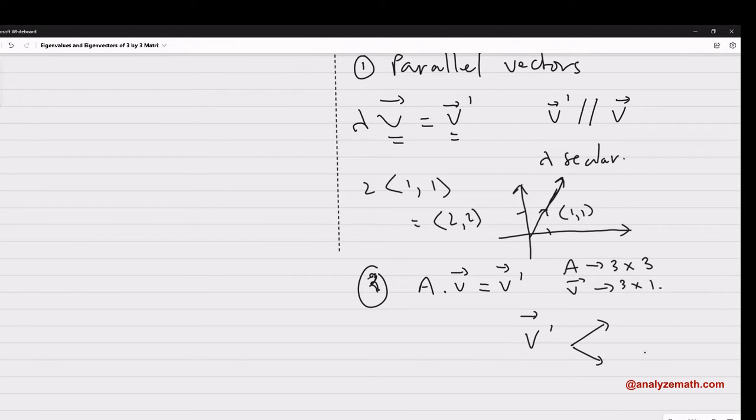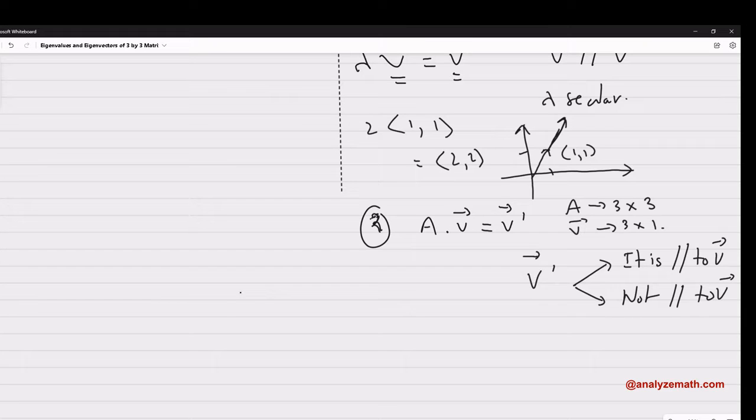There are 2 possibilities. This v prime, the result of the multiplication, is either parallel to v or not parallel to v.